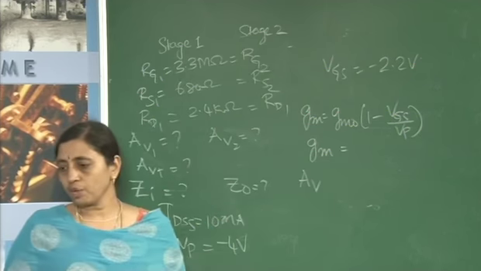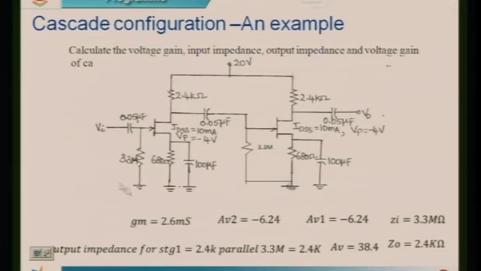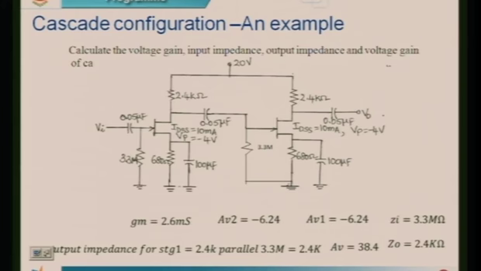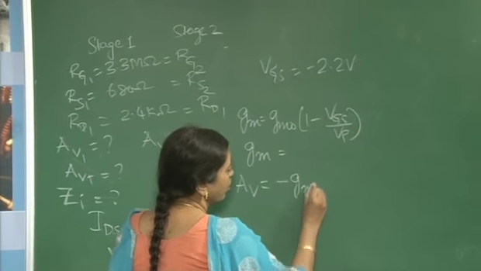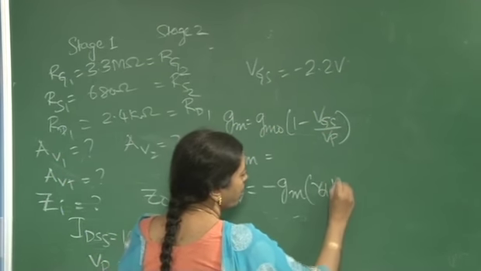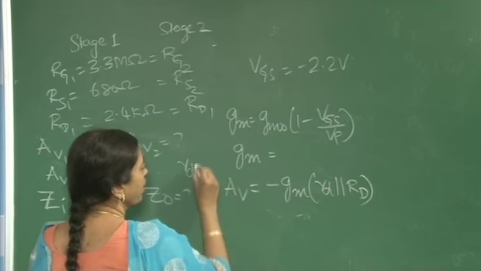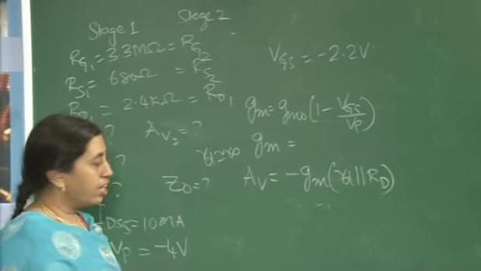So, how can we determine AV? Look at the circuit, there is a bypass capacitor connected across Rs. So, the analysis will be similar to that of fixed bias analysis. Voltage gain will be equal to minus gm into Rd parallel with RL. RL is not specified, so let me assume RL to be infinity.